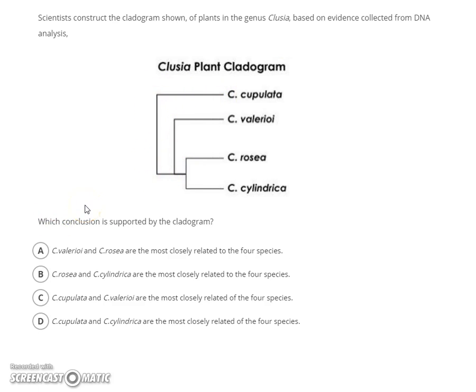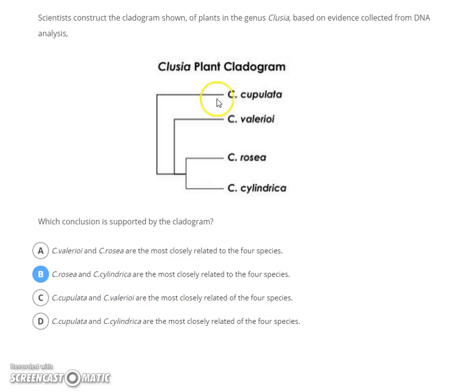So looking at our four answers, the most closely related, the Valerioi, I'm not good at saying that one, and Rosea, those are not closely related. They're not the closest. This is the one. Rosea and Cylindrica are the most closely related. B is our best answer there.